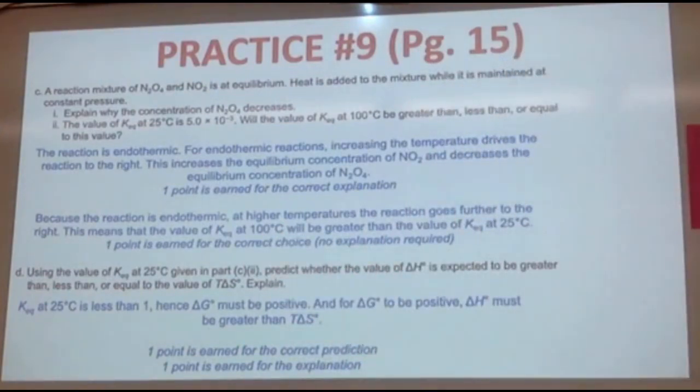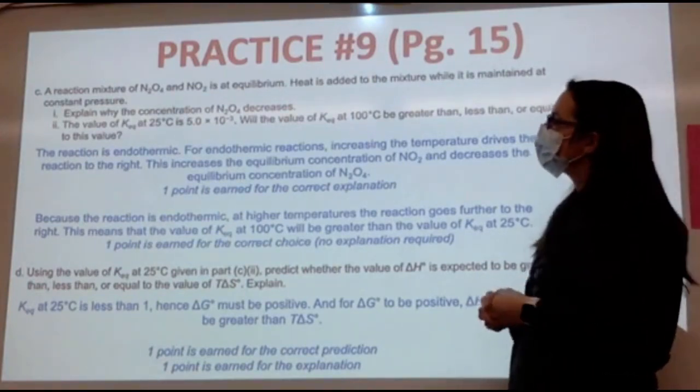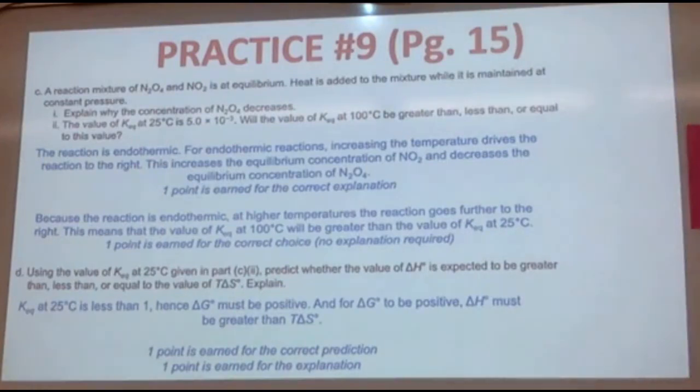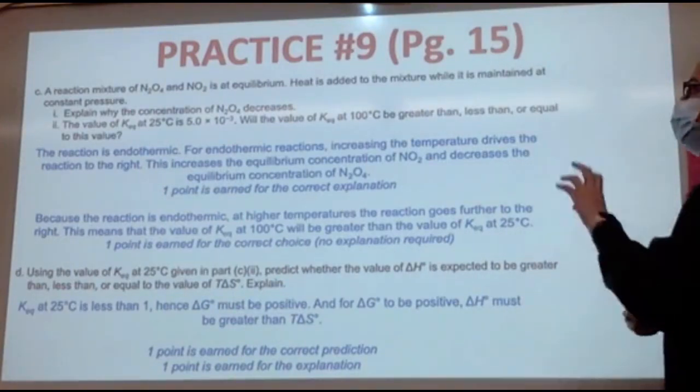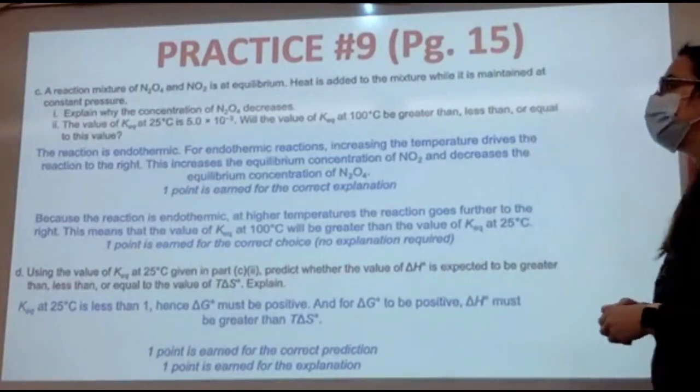For part C, the reaction mixture of N2O4 and NO2 is at equilibrium. Heat is added while it's maintained at a constant pressure. Part 1, explain why N2O4 decreases. If you needed to, you could write out the equation: N2O4 is at equilibrium with 2NO2.